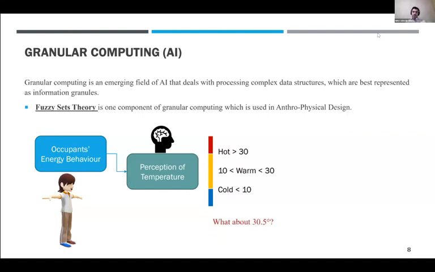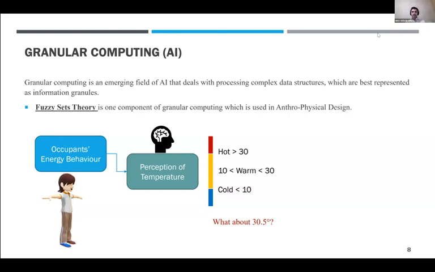Another problem in decision making with objective numbers is this: let's say we have three ranges of perception of temperature, for example cold, warm, and hot. And what happens to 30.5? If we do old-school, objective-number computer programming, it means that 30.5 degrees is as hot as 43 degrees, if we are not introducing extremely hot.